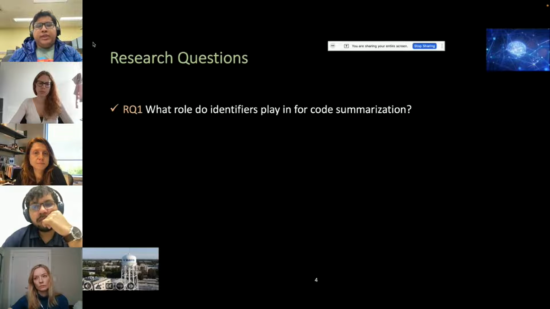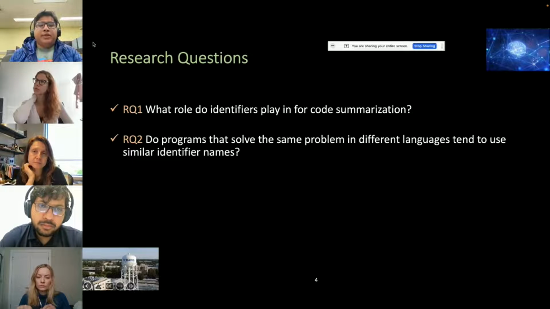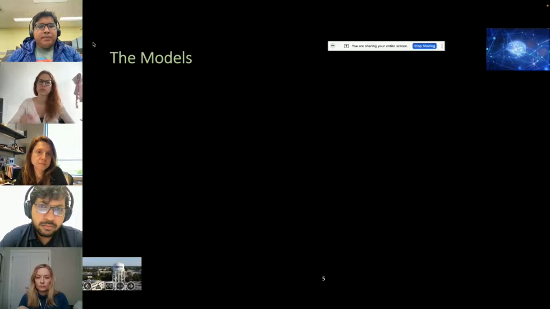So from these experiments, we believe that identifiers play the most important role in code summarization. And we have another research question: do programs that solve the same problem in different languages tend to use similar identifier names? That means identifiers depend mostly on the algorithm, not the programming language. So please look into our paper for these two research questions if you are interested.